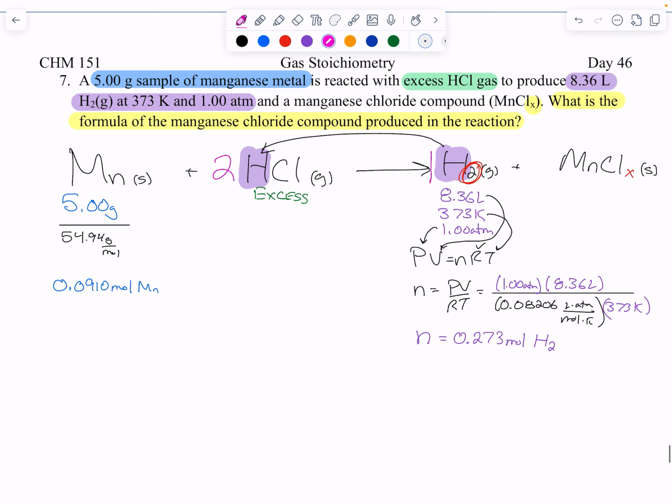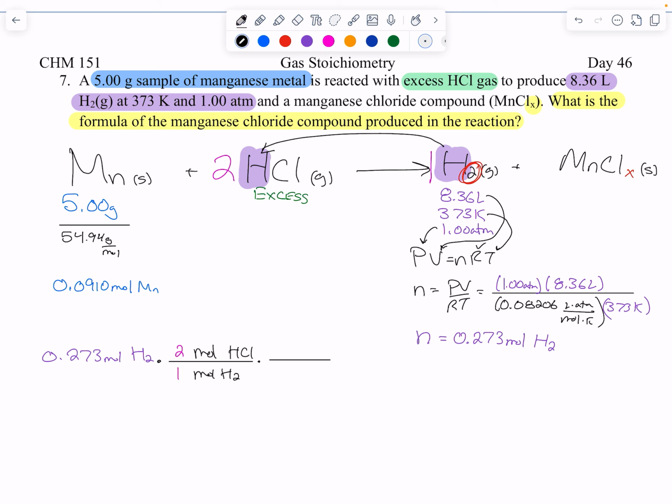All right. And because of that, I'm going to take our 0.273 moles of H2, and moles of H2 to moles of HCl, and we know that it's going to be 1 mole H2 to 2 moles of HCl.